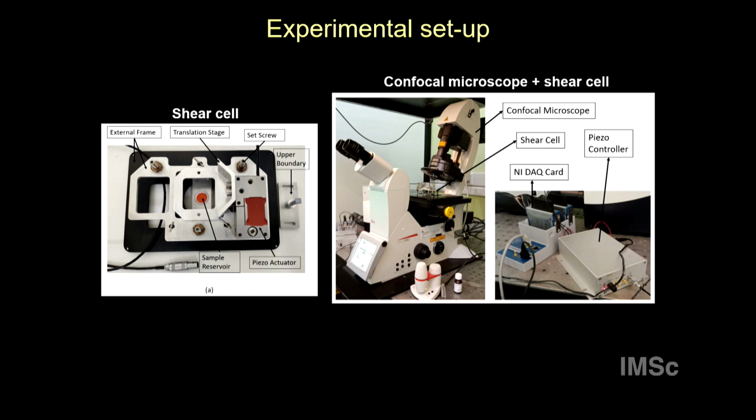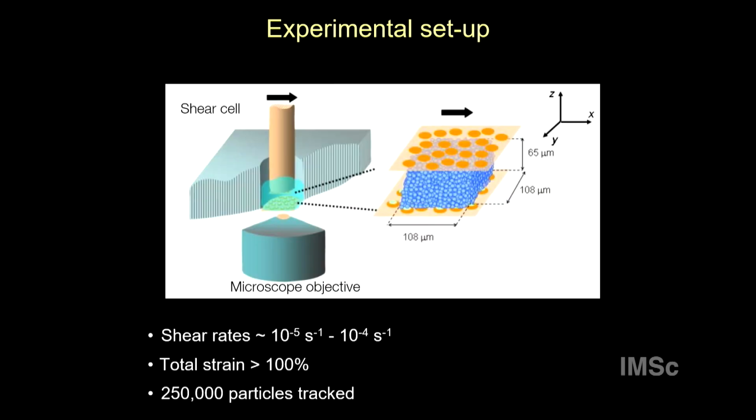To perform these kind of shear experiments, what we need is a shear cell that can be mounted directly on top of a confocal microscope. And while we shear the system, we can also acquire the images. The shear has to be very slow. This is the only condition. This is a cross section of the setup.